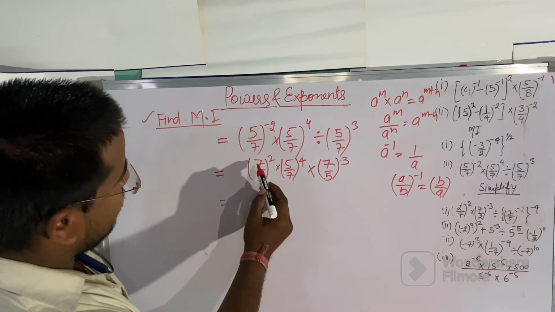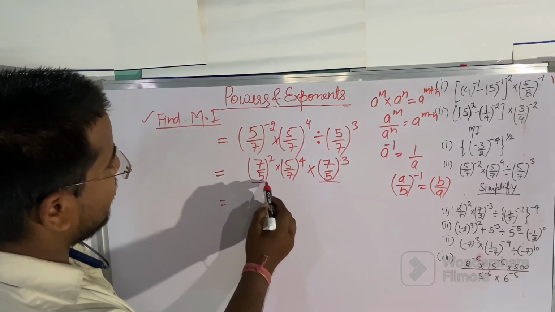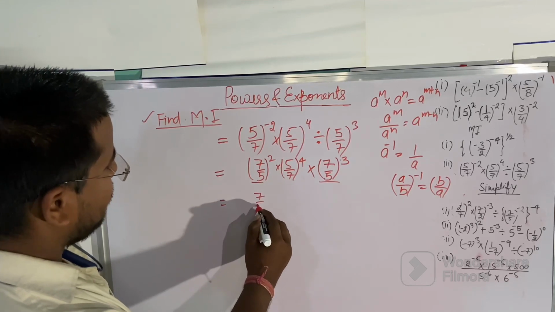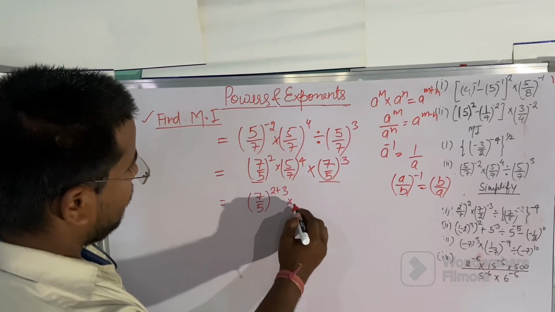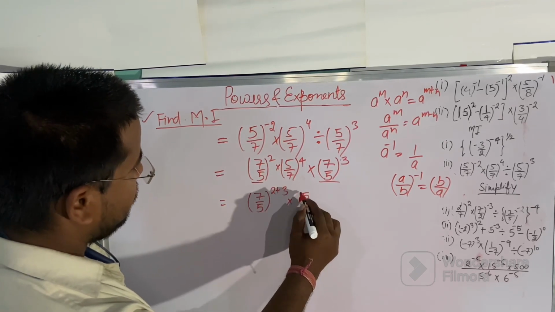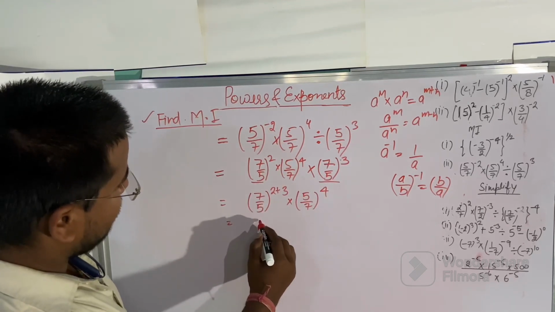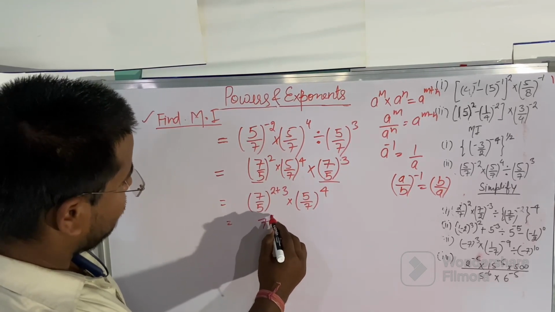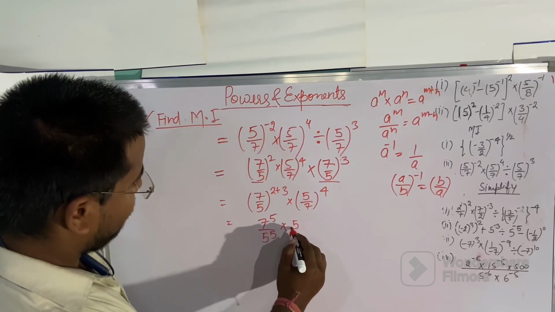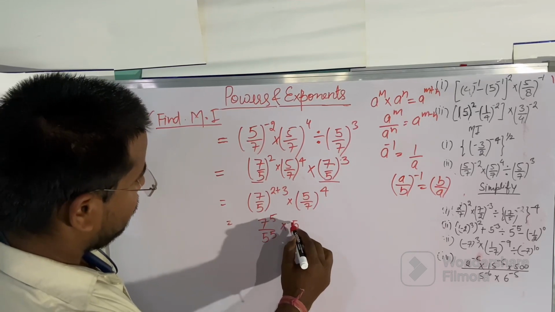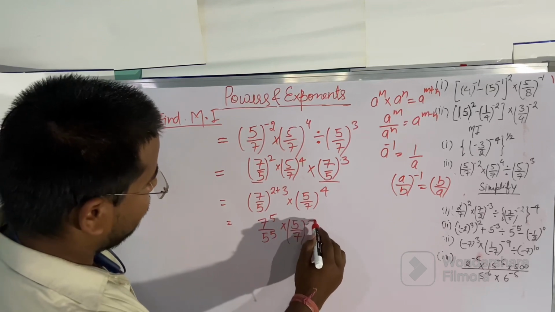Here we see that 7 by 5 and 7 by 5, both bases are the same. So I can write their powers: 7 by 5 to the power 2 plus 3, and multiply 5 by 7 to the power 4. So 7 to the power 5 and 5 to the power 5 also, multiply 5 by 7 to the power 4.